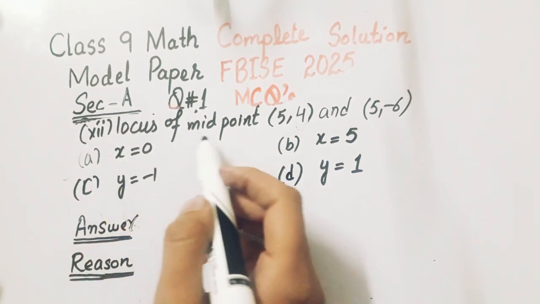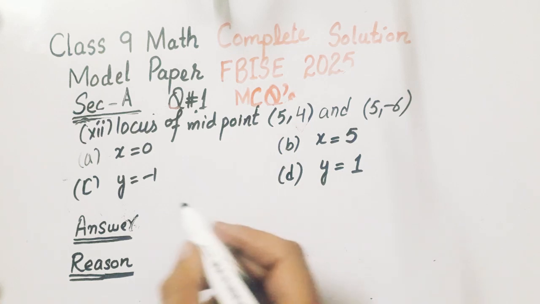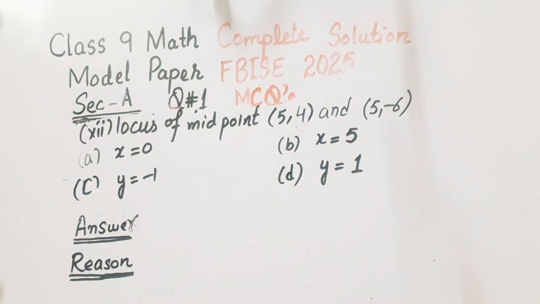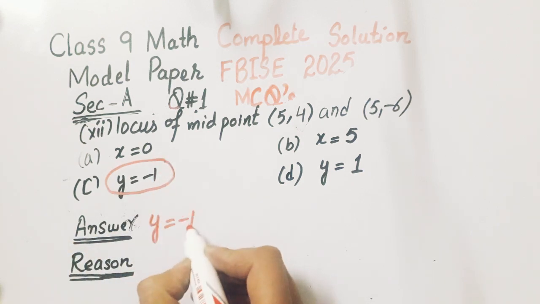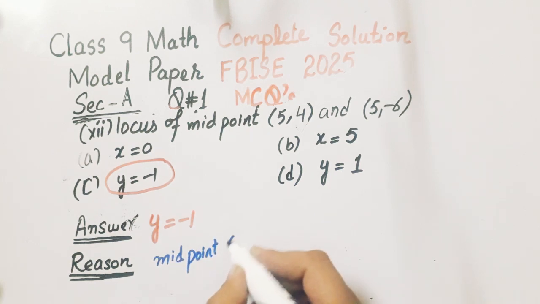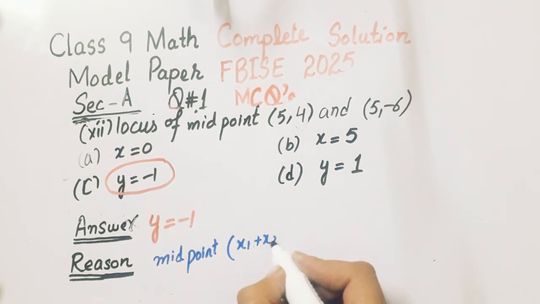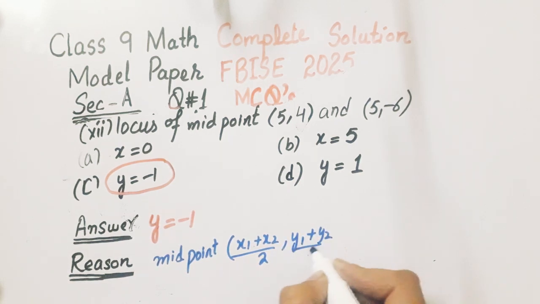Now, locus of midpoint of (5, 4) and (5, -6) will be, the correct answer of this MCQ is y is equal to minus 1. We will write it, and the reason behind this is, we know the formula of midpoint is x1 plus x2 divided by 2 and y1 plus y2 divided by 2.